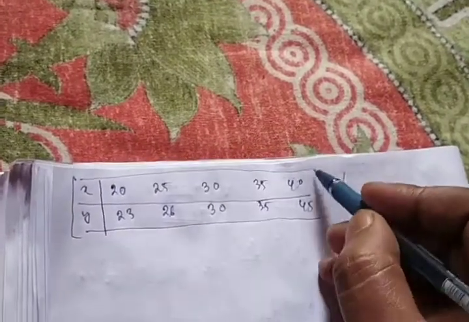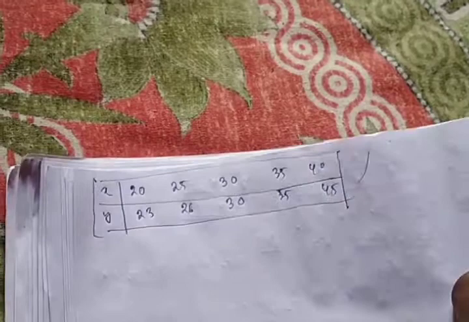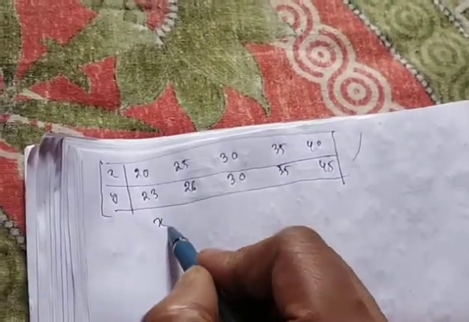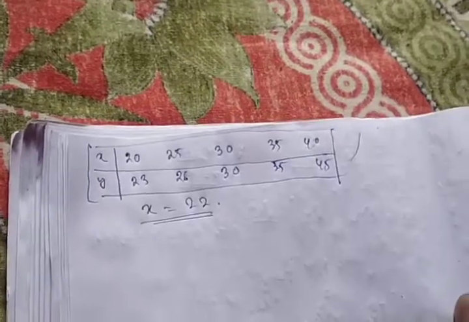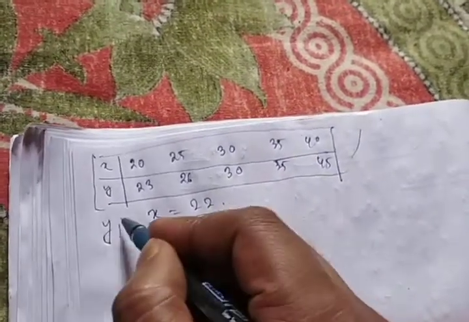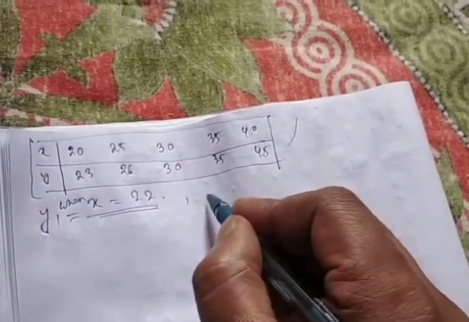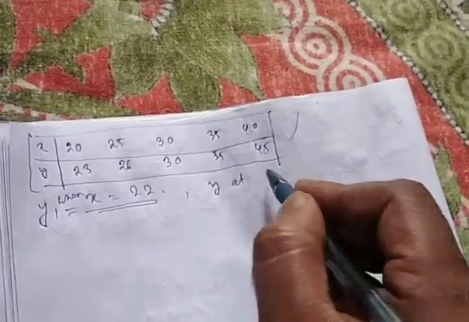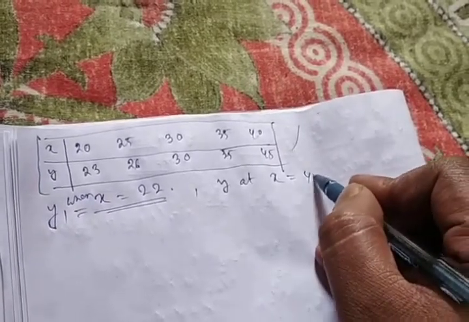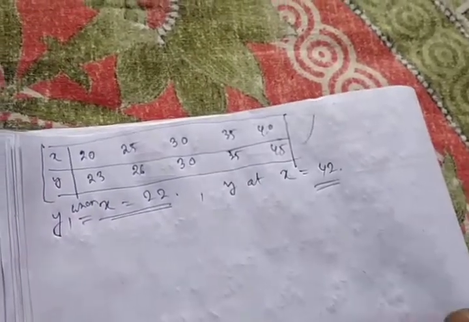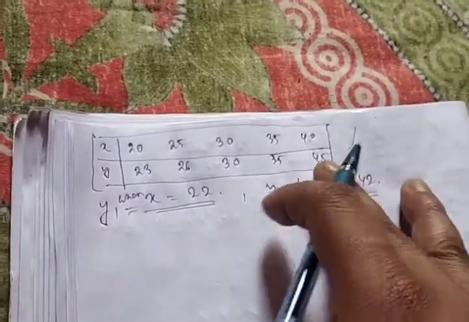Find the value of y when x equals 22, and also find the value of y at x equals 42.